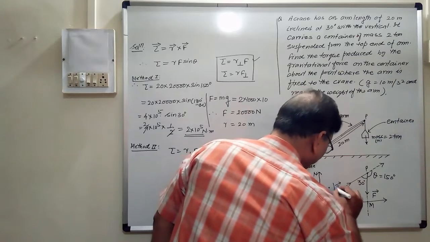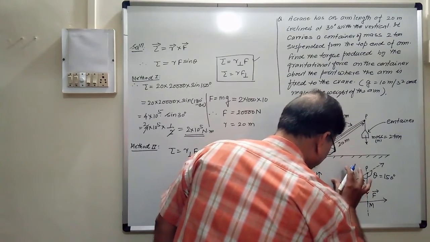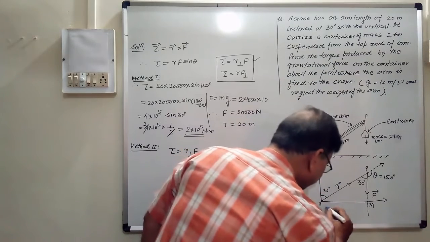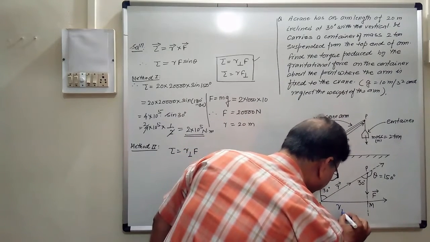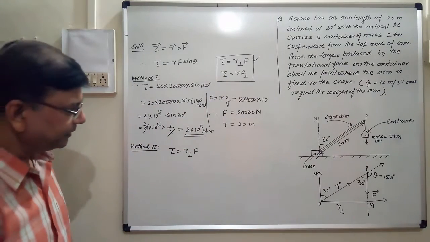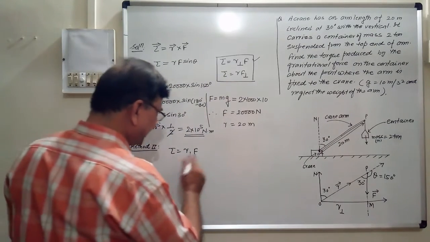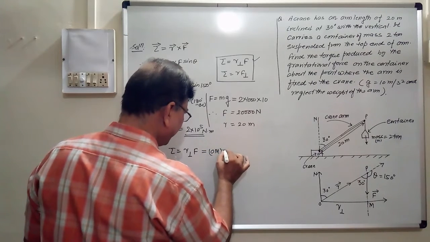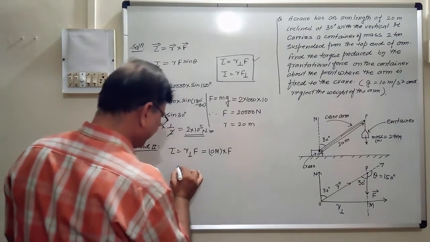So this is R perpendicular. R perpendicular is OM, so tau is OM into F. What is OM?